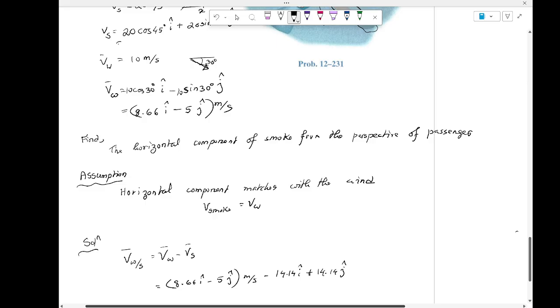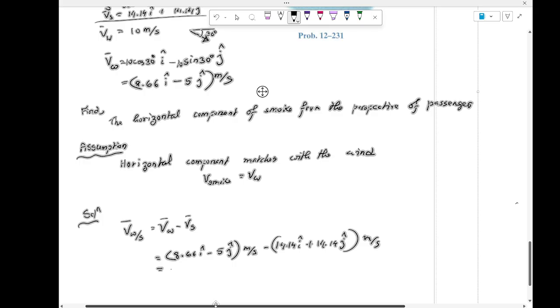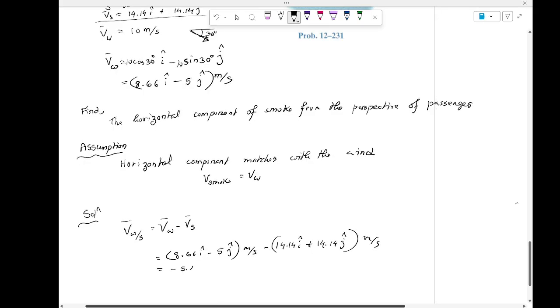Oh, by the way, this 14.14 i, 14.14 j is for the ship. Okay. All right, so then you have those things in meter per second. And if you do the math, you're going to have the value of minus 5.48 i minus 19.14 j meter per second.